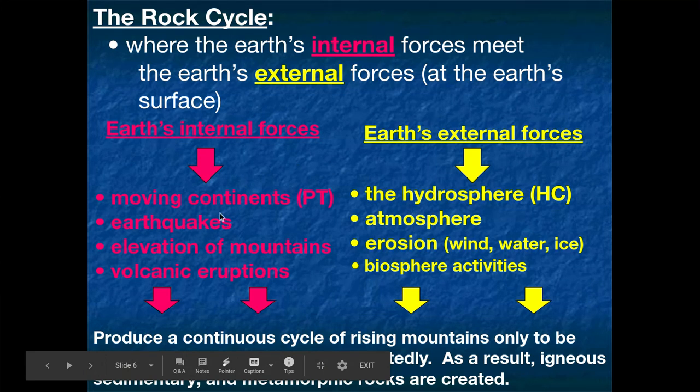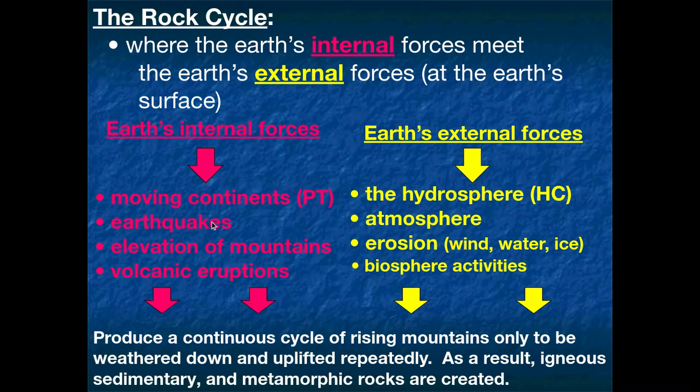So while the internal forces are creating rocks and mountains, the external forces are taking the mountains down. It really is a tug-of-war process. While the Earth is making mountains, the external forces are tearing the mountains down.